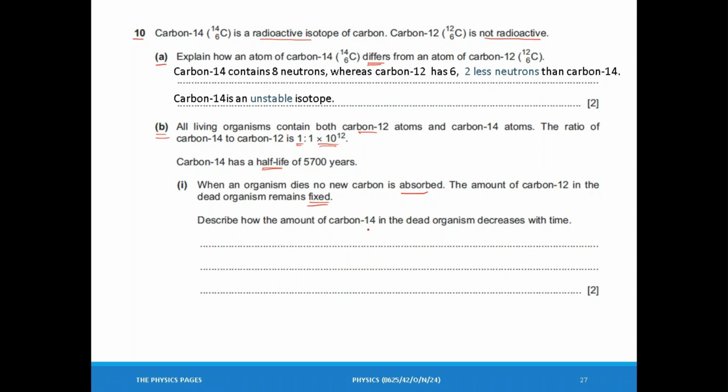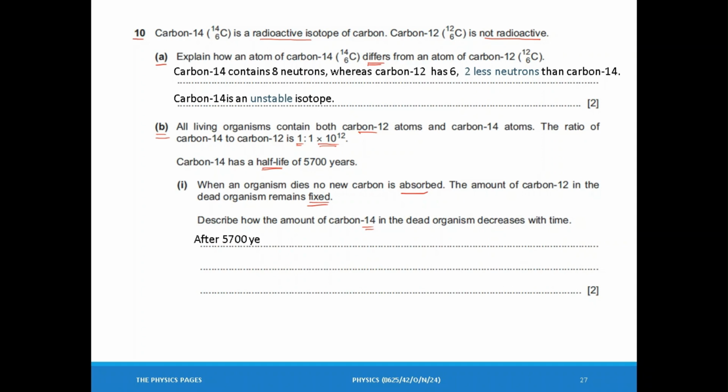Describe how the amount of carbon 14 in the dead organism decreases. As we know, it is radioactive and unstable, so it will start decaying and emitting radiation. After 5,700 years, it will remain half. After 11,400, it will become one quarter, and so on.